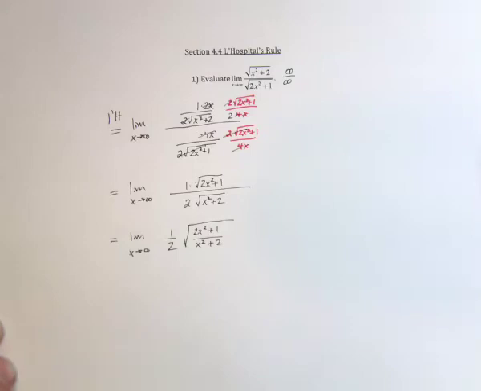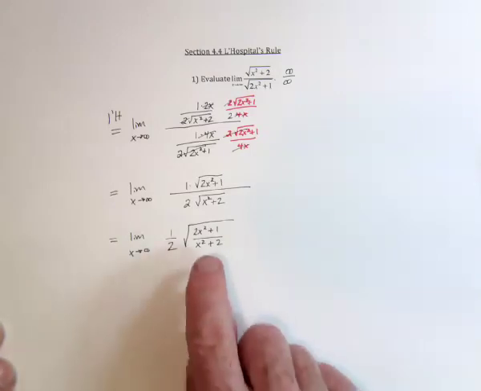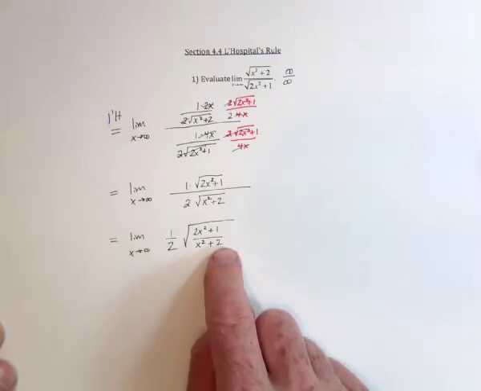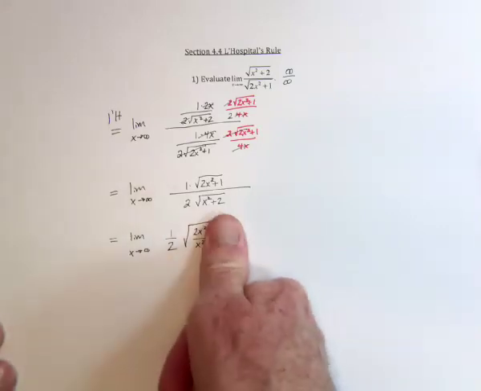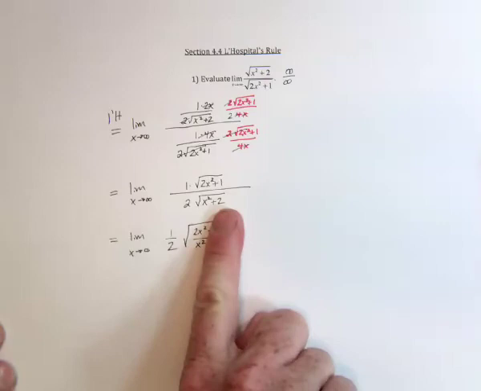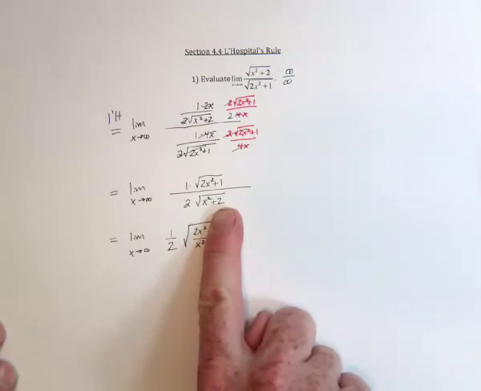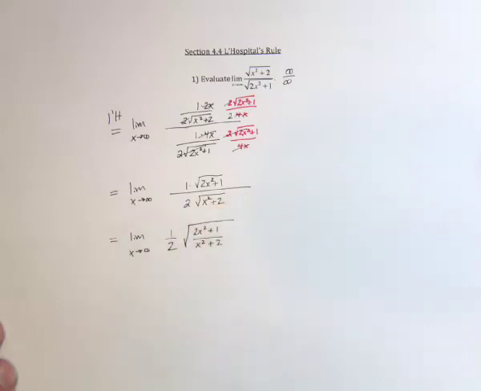And then experience is telling me that if x is going to infinity, plus 1 and plus 2 doesn't matter. You basically just have that. And then the x squares cancel, and you've got the square root of 2. So the answer is going to be the square root of 2 over 2. Well, that's my intuition. I need to actually show some work and prove it.